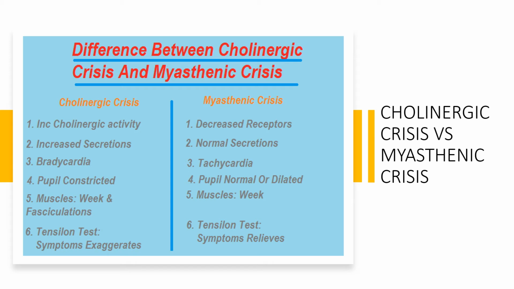Your pupils are usually normal. Remember, this is not a parasympathetic disease at all. It's a neuromuscular disease. The muscles are weak. That should be W-E-A-K, by the way. So that's a myasthenic crisis. Neuromuscular junction, weak skeletal muscles. And when given edrophonium, the symptoms temporarily are relieved.